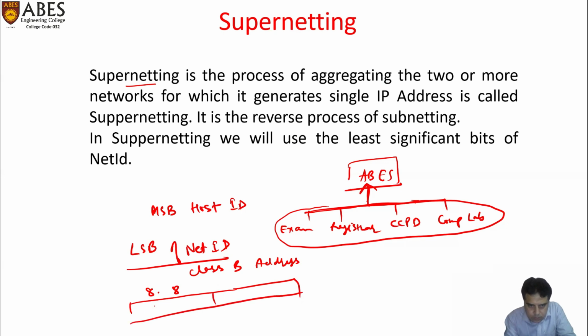The 16 bits are used for network ID, and these 16 bits are used for host ID. So for this, the least significant bits of the network ID are used to create the supernet.